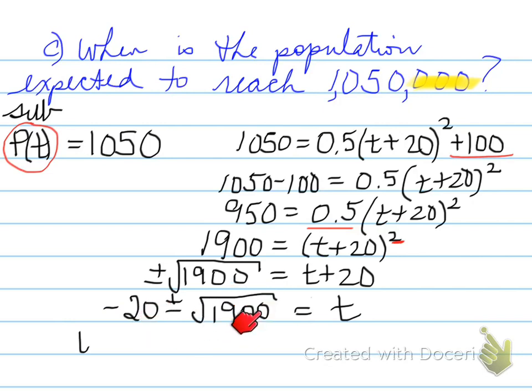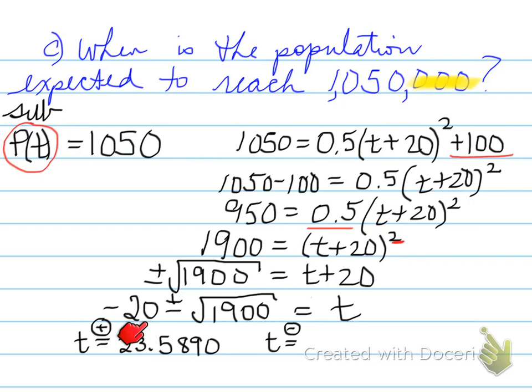Now that we've moved everything over and t is by itself, we can now touch our calculator. T is equal to negative 20 plus the root of 1,900, and then we're also going to subtract. So first, take negative 20 plus the square root of 1,900, and folks, you should have gotten 23.5890.